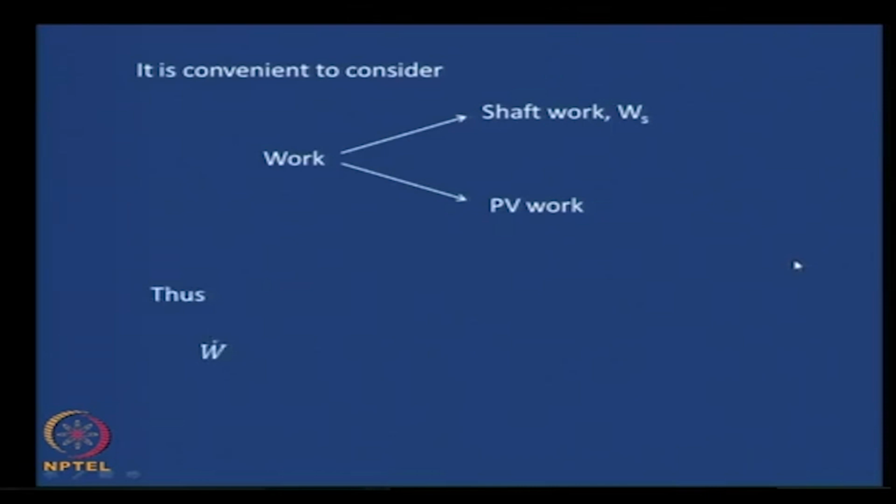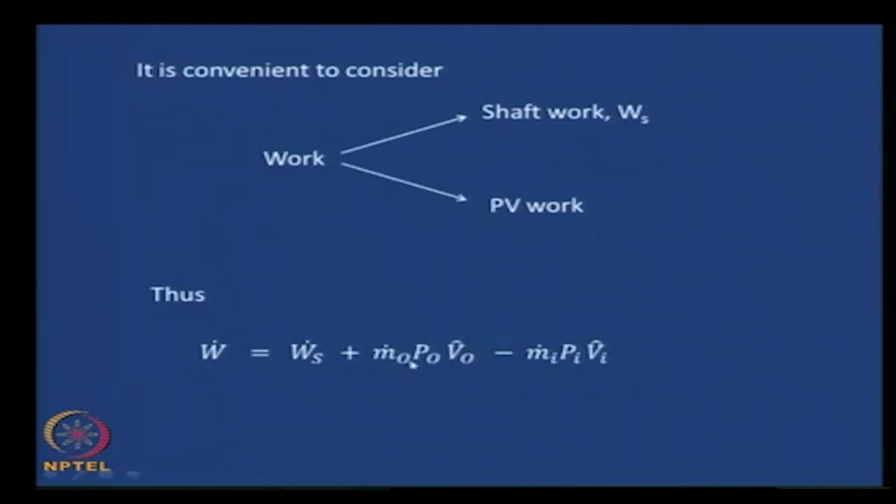then the W dot term can be written as Ws dot, which is the rate of shaft work, plus the rate of PV work that is going out minus the rate of PV work that is coming in. Note that this is P_O V_O hat, the mass specific volume of the streams.